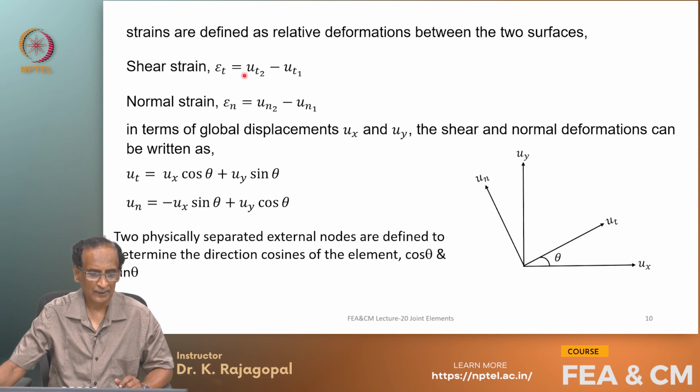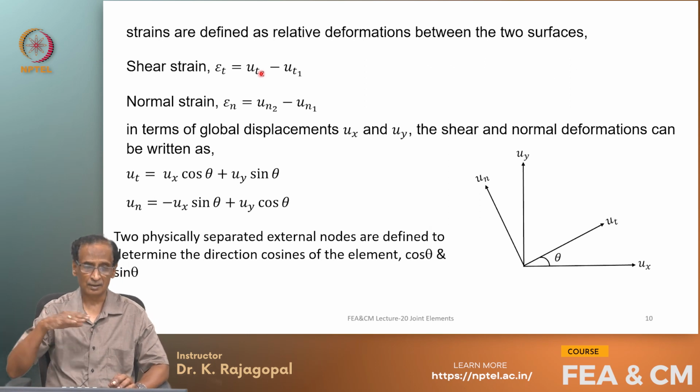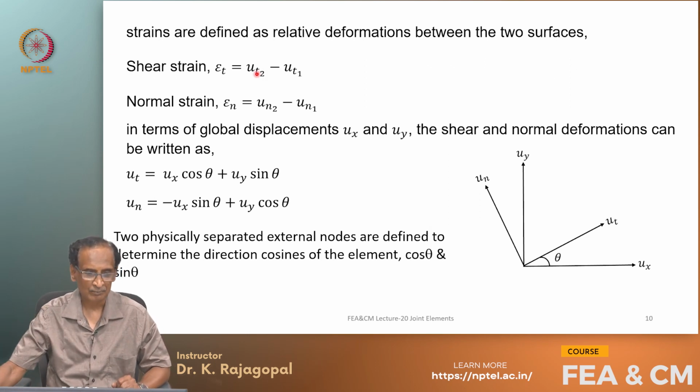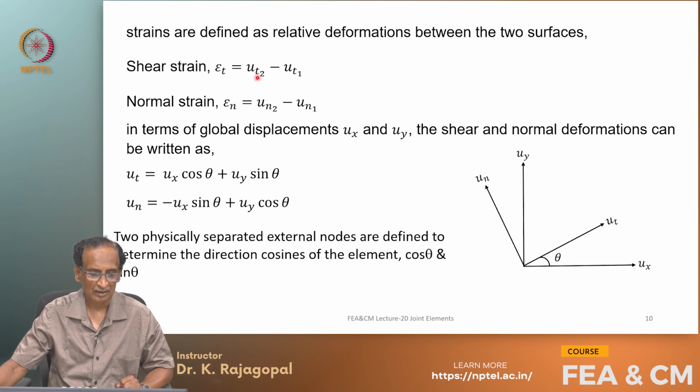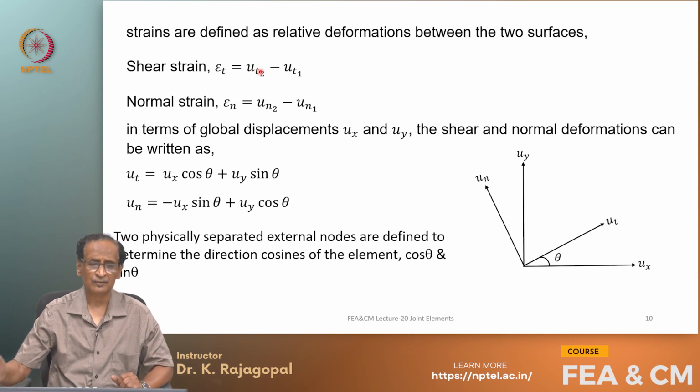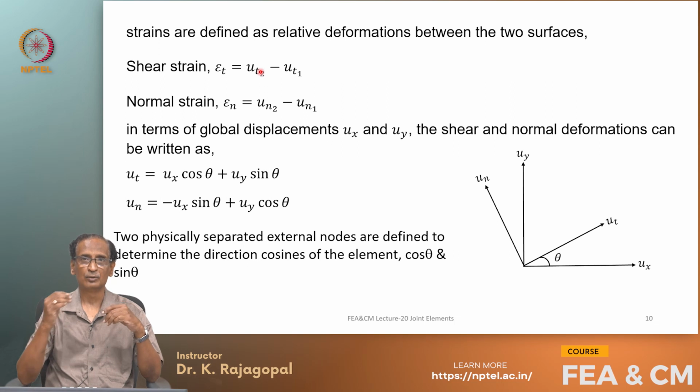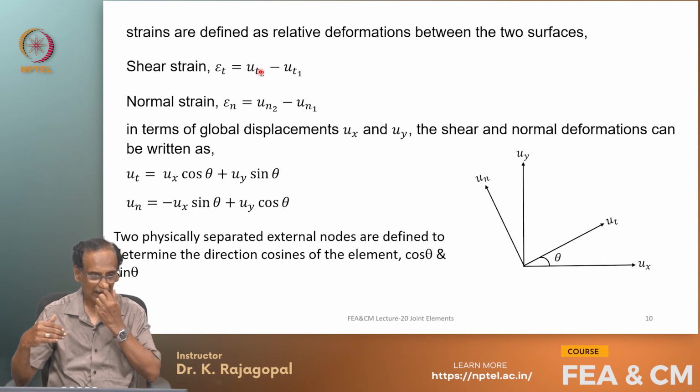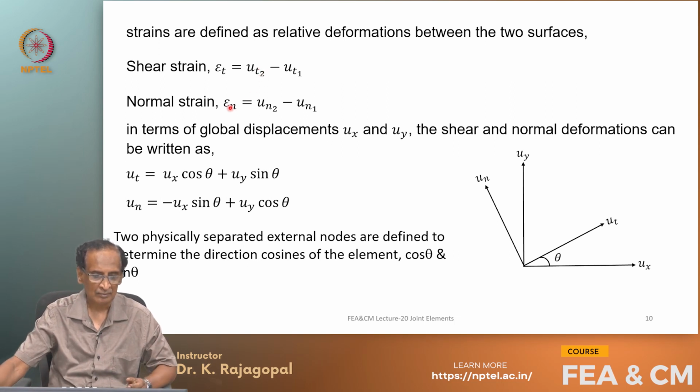And the shear strain is ut2 minus ut1. Actually, the subscript t refers to the tangential direction. To be more specific, epsilon t is the relative shear displacement between the two nodes, node 1 and node 2, and the normal strain epsilon n is un2 minus un1, that is the relative normal deformation.